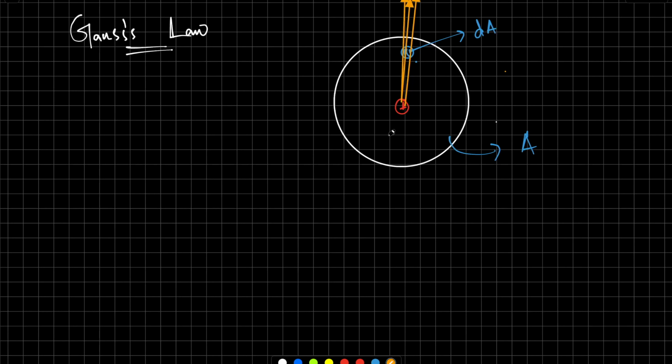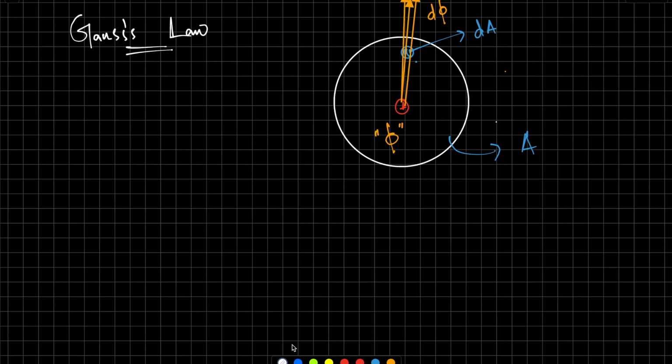How do you find the total electric flux phi of this sphere? Let's say the small electric flux through this hole is d phi. Okay, so we have d phi and the area of the hole is dA. We're going to find the total flux.